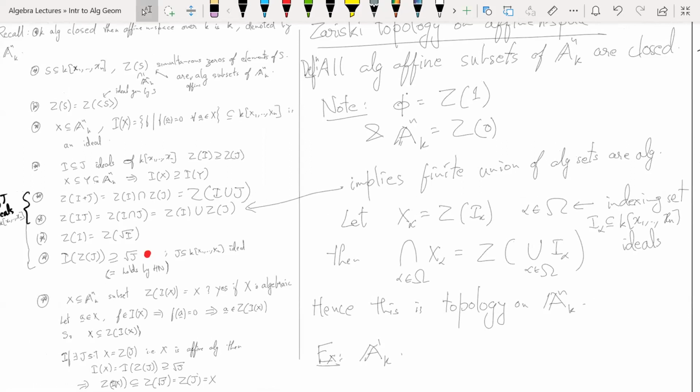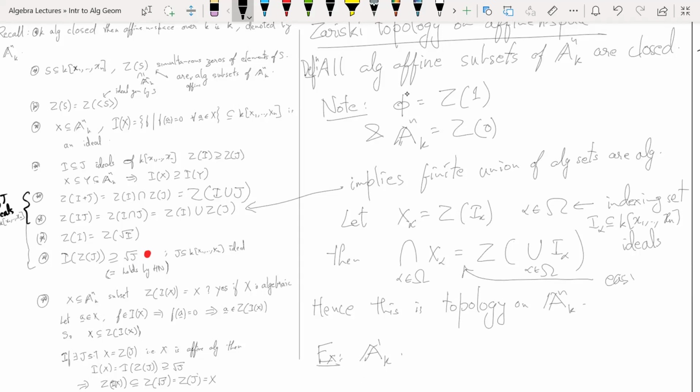Then the intersection of X alpha, alpha in omega, is the same as the zero set of the union of I alpha, alpha in omega, or you can take the ideal generated by them. If you do the proof of the earlier identity, the same proof goes through here.